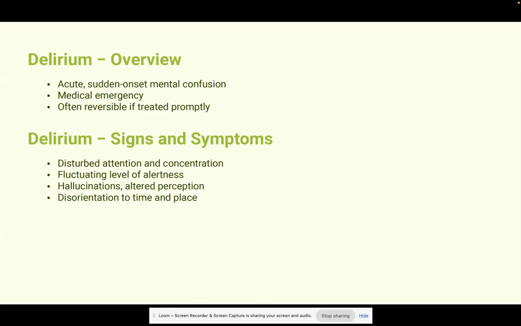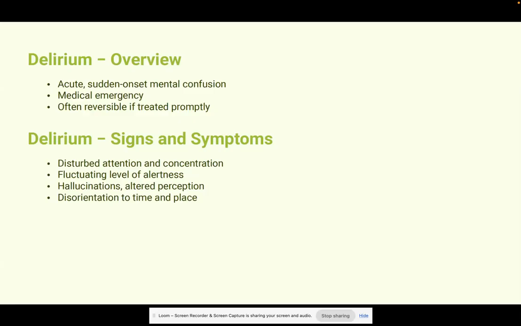Next, delirium. When we talk about delirium, it's an acute, sudden onset of mental confusion. It's a medical emergency. It's often reversible if treated immediately. So the signs and symptoms of delirium could be disturbed attention and concentration, so the client can't focus. They are so preoccupied with certain things that we don't actually know what.